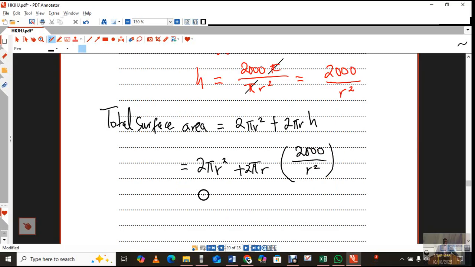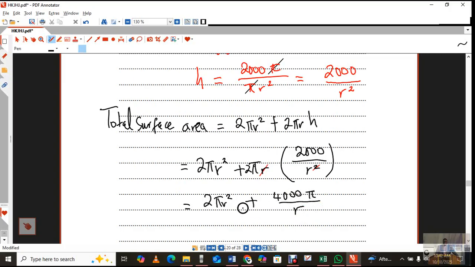So we just have to clean it up, and this still remains 2 pi r squared over here, plus, now obviously the r's will cancel, and the numerator is 2000 times 2, that is 4000 pi, and it will still be over r.